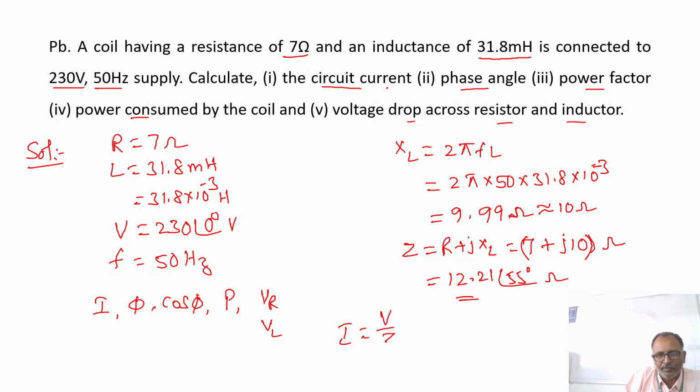Current is given by V by Z. V is 230 at an angle 0. Z is 12.21 at an angle 55 degrees, which is equal to 18.84 at an angle minus 55 degrees amps. So the current we got is 18.84 at an angle minus 55 degrees amps.